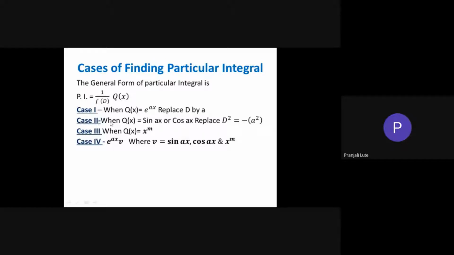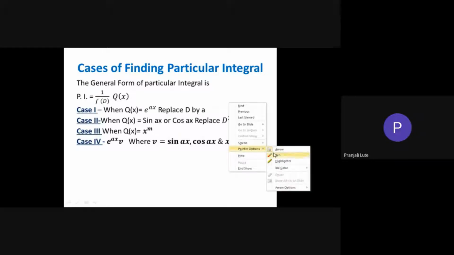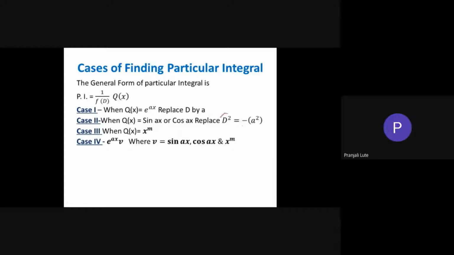Case 2, when Q of x, the right hand side of that differential equation, is sin ax or cos ax. So in this case we have to replace only D square, I'm talking about only D square, by minus of a square.